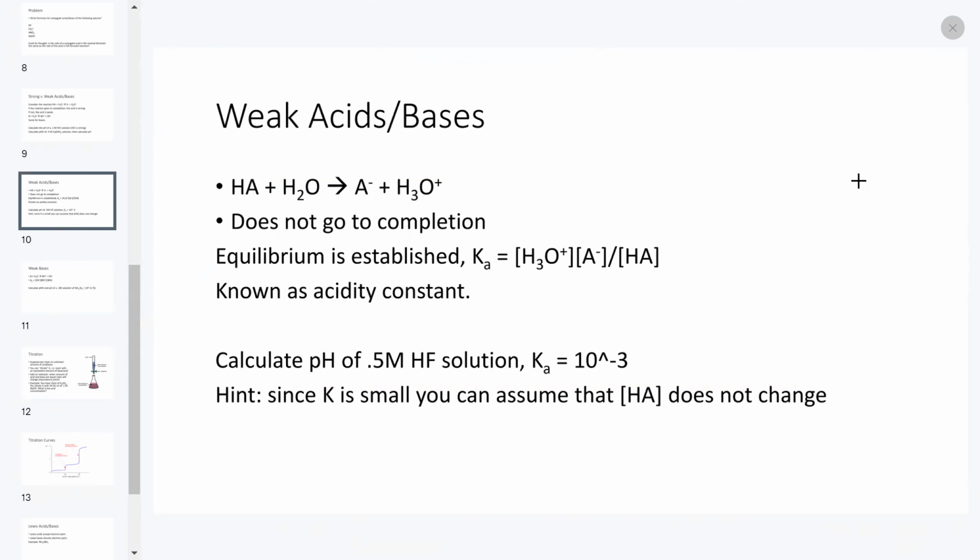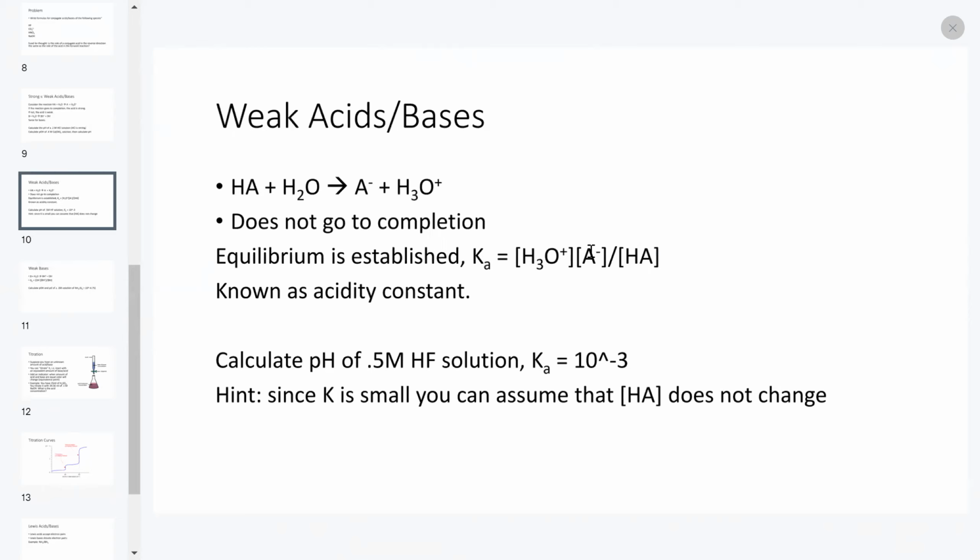The important thing to realize is that for most cases, the concentration of H plus is approximately equal to the concentration of A minus, because the only other acid present is water when we're considering these kinds of problems, and water is such a weak acid that we can neglect it.